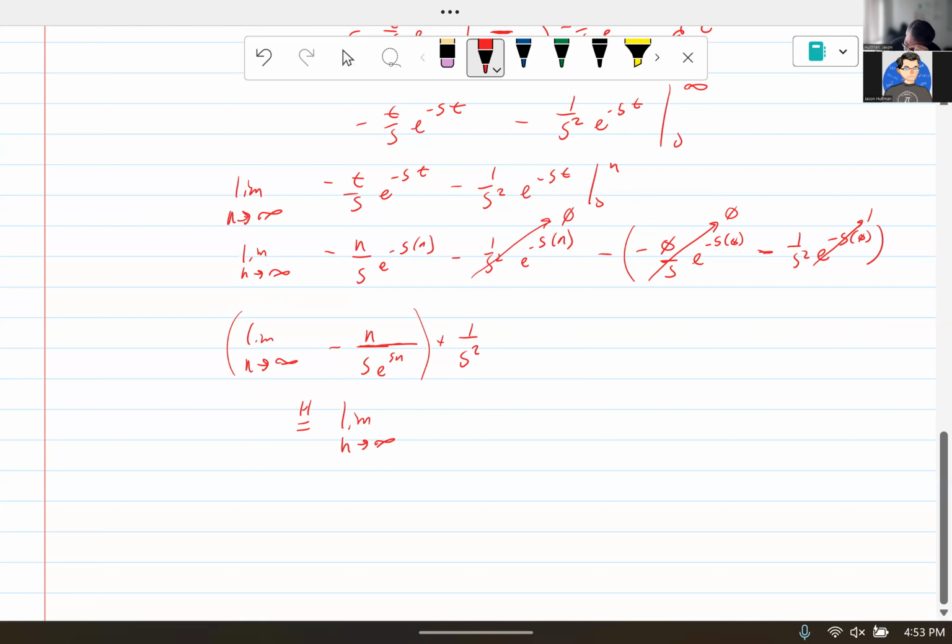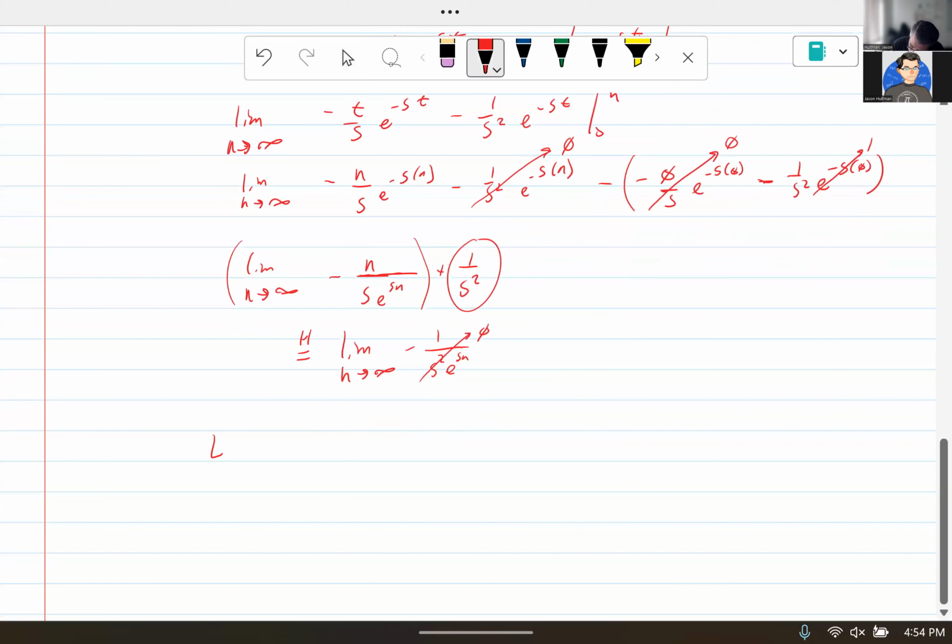The derivative of the top is 1, and the derivative of the bottom is just s squared times e to the Sn. Okay, and so now I don't have infinity over infinity, which I had before. So now this thing just goes to 0, and I'm just left with 1 over s squared.